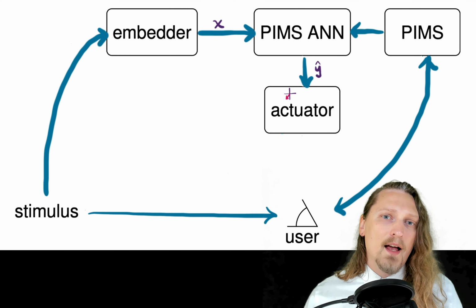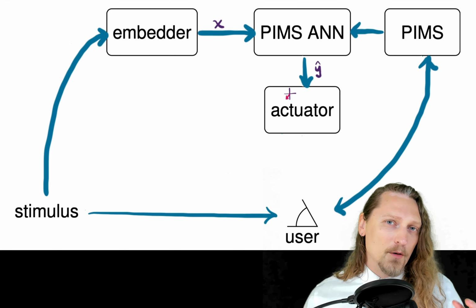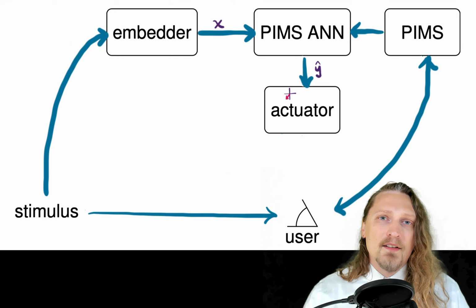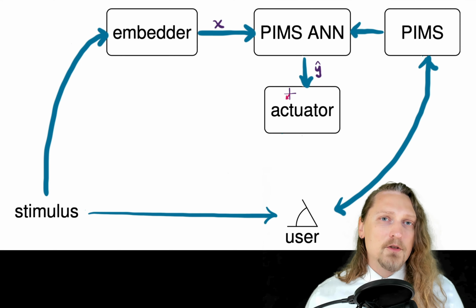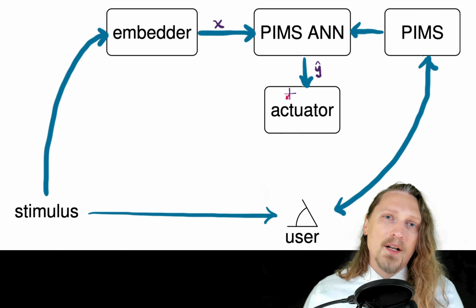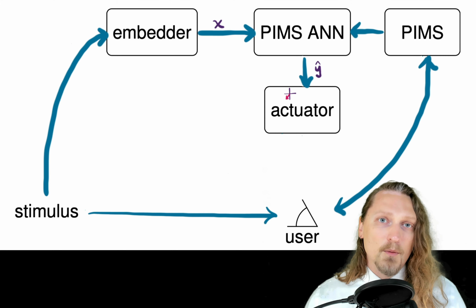Y hat is the estimate that the artificial neural network gives for the spatial location for the given input atom. This vector, Y hat, can be given to an actuator. That actuator is an m-dimensional actuator, however many dimensions down to which we chose to compress this vector. So what kind of actuators?